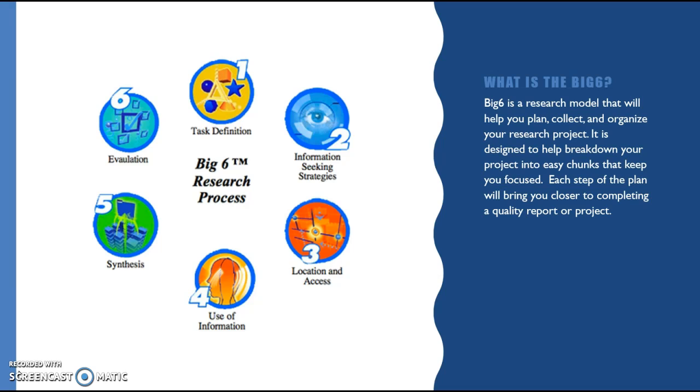But to give you an overall understanding, the Big Six is a research model that's going to help you be able to plan out your research project in a way where it is easy for you to do. So it's going to be step by step, 6 steps, to help you break it down and not make it feel so big and so overwhelming. So each step in the process will direct you or lead you closer to being able to turn in a finished and quality project.